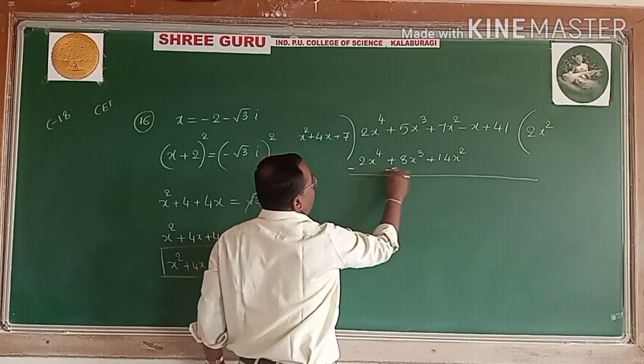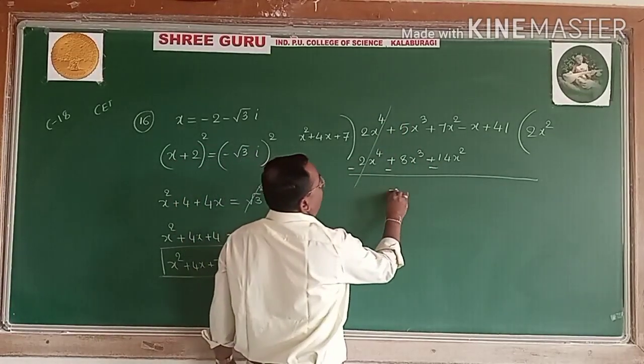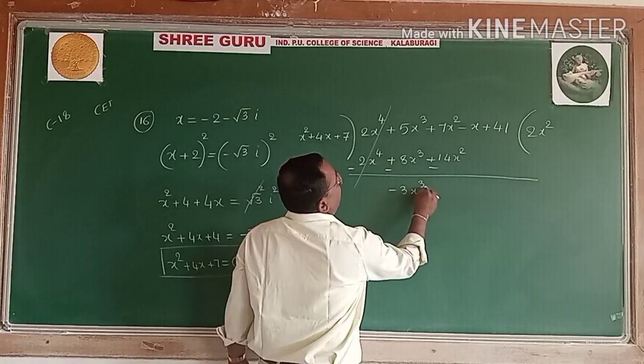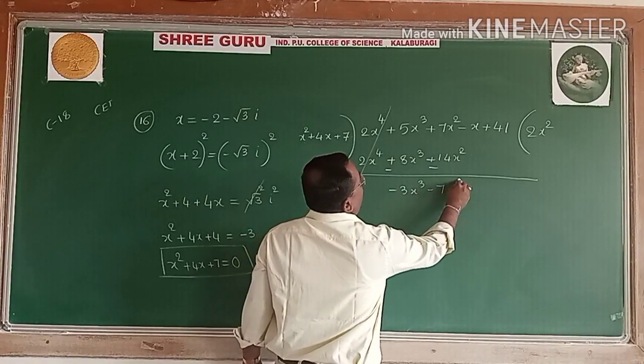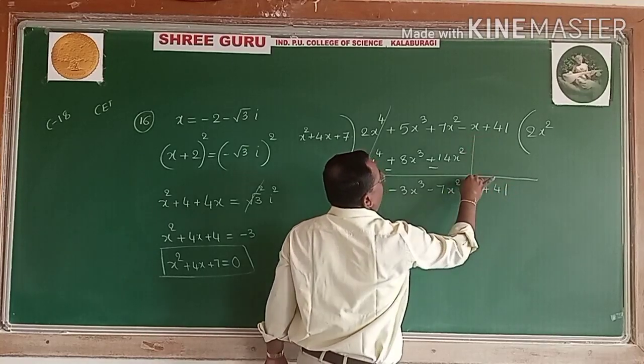Minus, they get cancelled. 5 minus 8 is minus 3x cube, minus 7x square, minus x plus 41 remaining as it is.